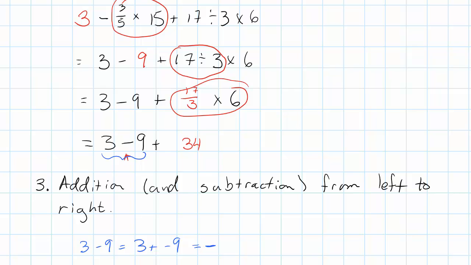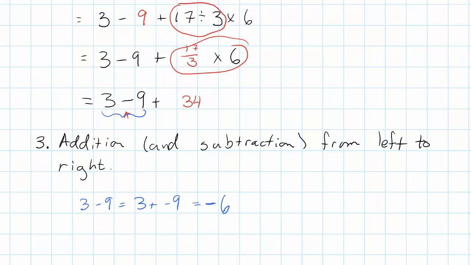The negative number is bigger. Opposite signs, so subtract, that's negative 6. So we've got negative 6 plus 34. 34 is bigger. Opposite signs, so subtract. This will be positive 28.